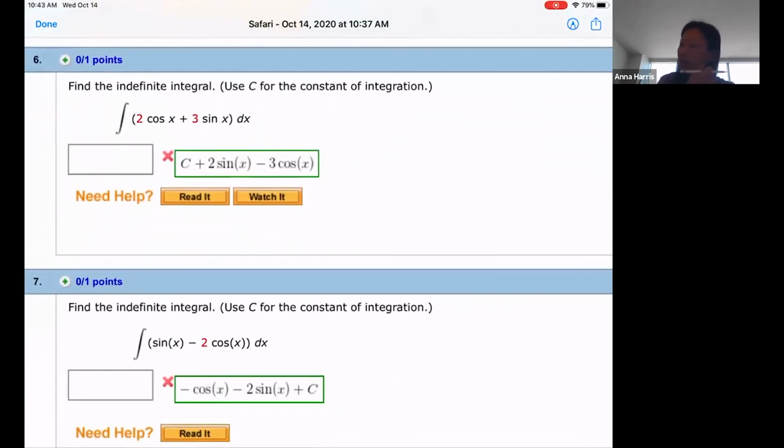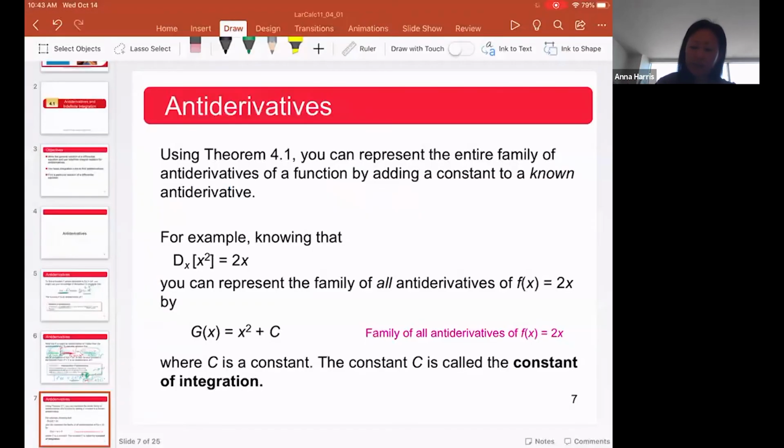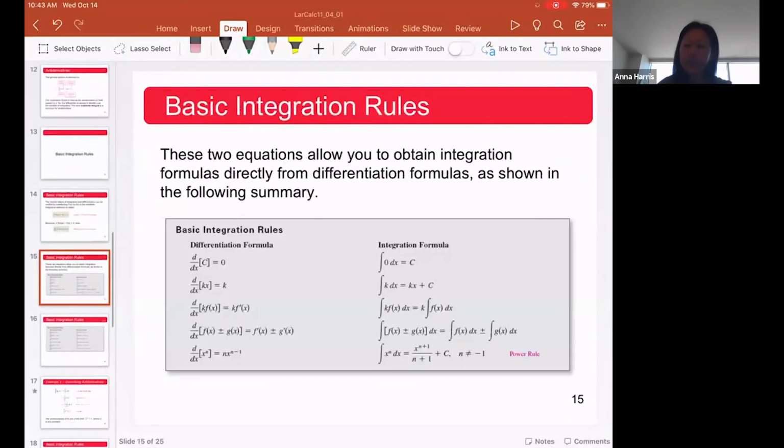Okay, next thing. This is what you have to memorize, class. I didn't go over it here. This is the part that you need to memorize, okay? So I'm going to do the opposite. Remember, you know how to take a derivative. The derivative of cosine is negative sine. The derivative of sine is what? Cosine.